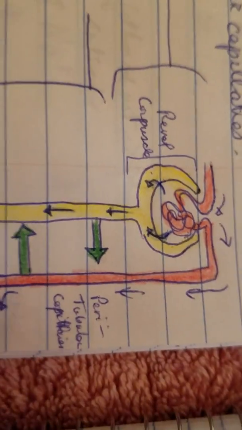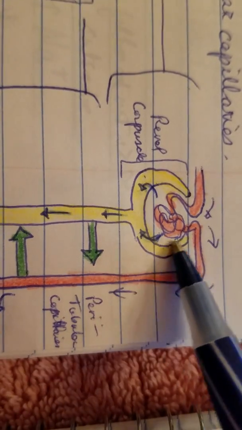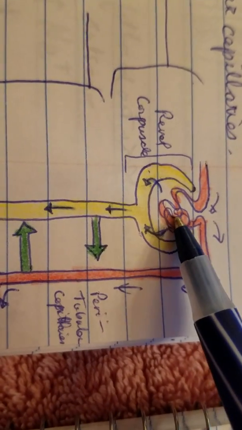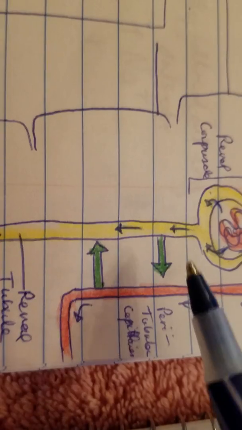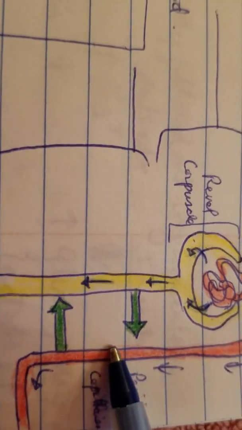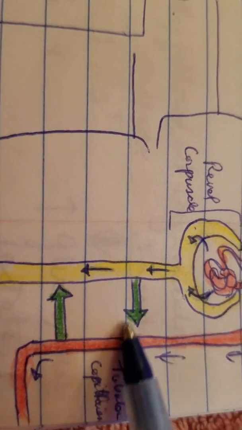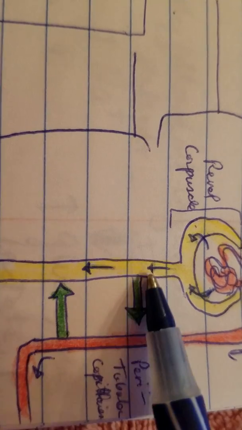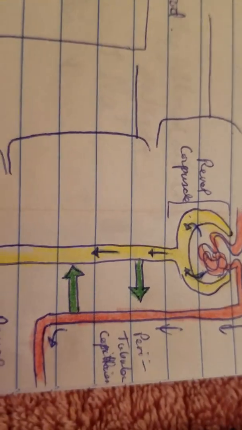Here it is. Okay, so here we have the glomerulus, the filter, and when the filtrate comes down, this is the peritubular capillary in this picture. It can reabsorb at this point.